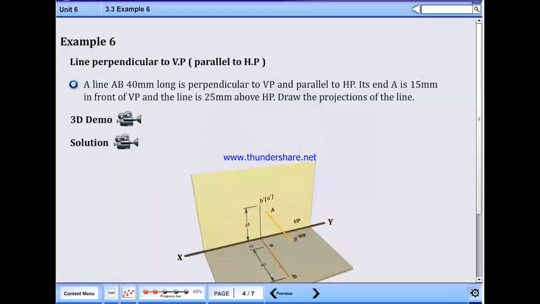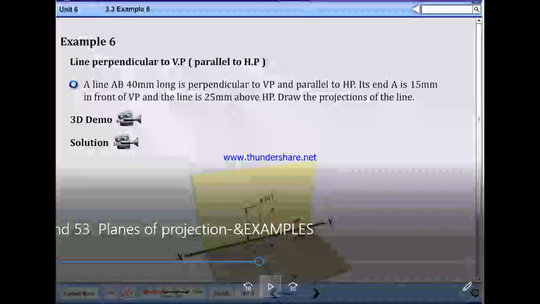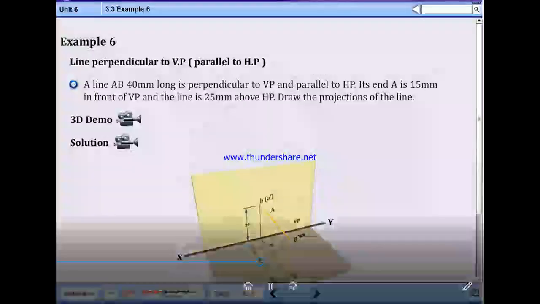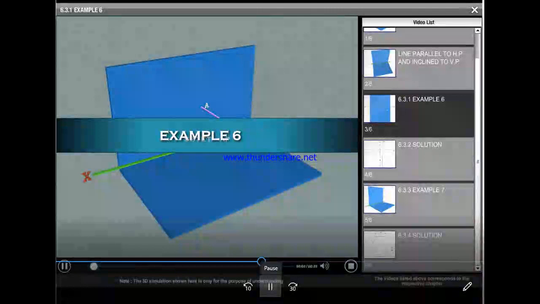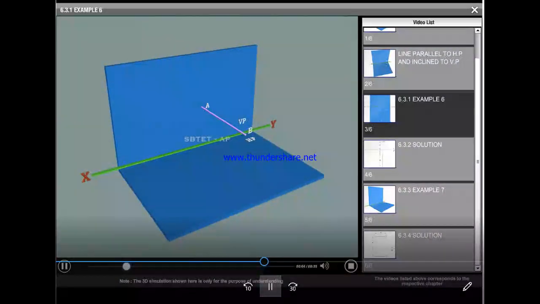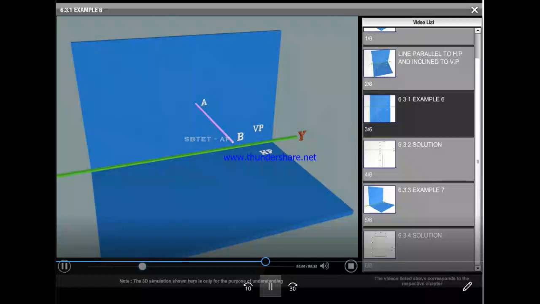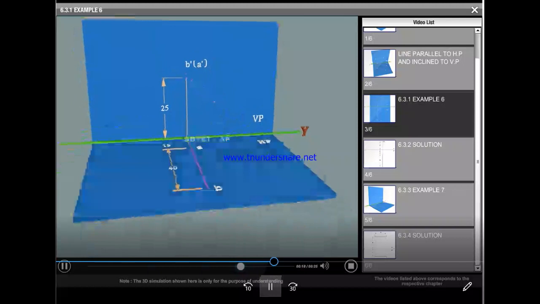In this, first we will see the 3D demo and then the solution. Example problem 6. The line AB is of length 40 millimeter and is perpendicular to VP and parallel to HP. One end A is 15 millimeters in front of VP and the line is 25 millimeters above HP.